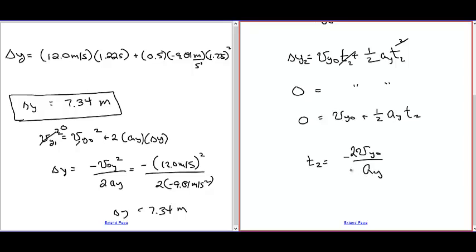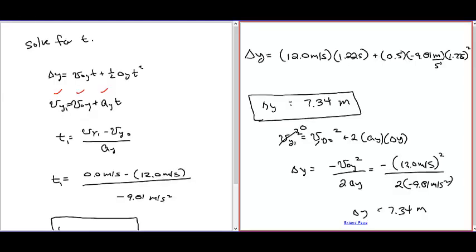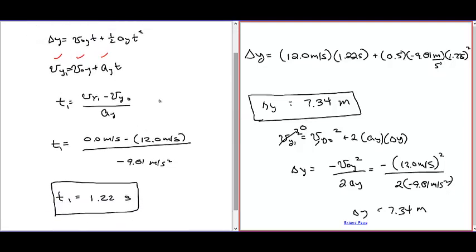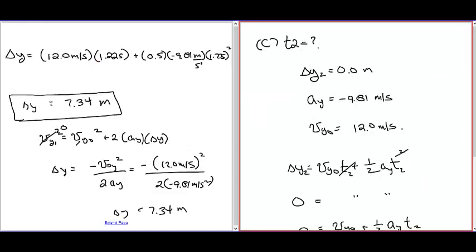Now, how does that compare with the equation that I used for the first part of the problem? Well, I ended up with, this went to 0, so I just had v sub y0 over a sub y, or negative v sub y0 over a sub y.